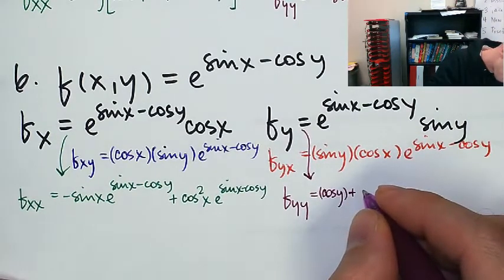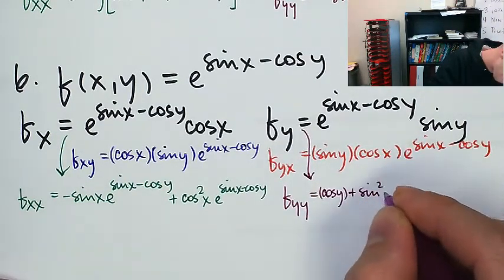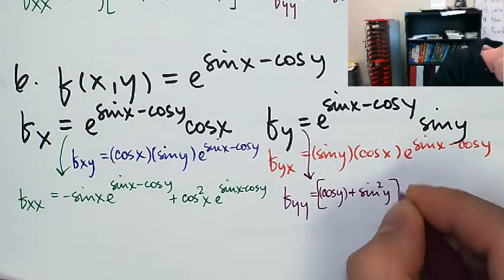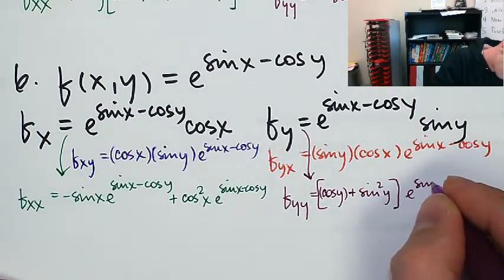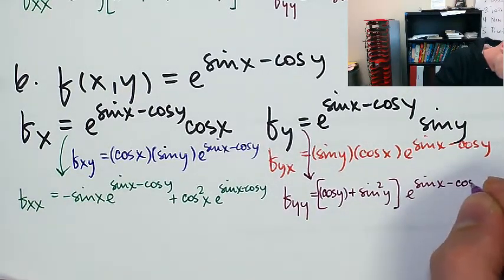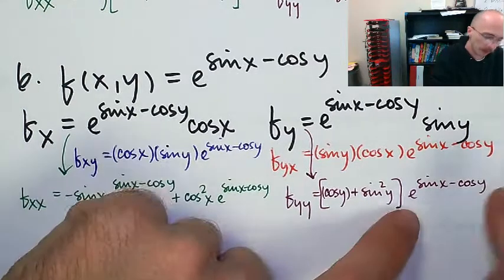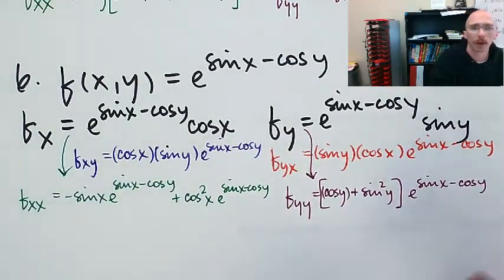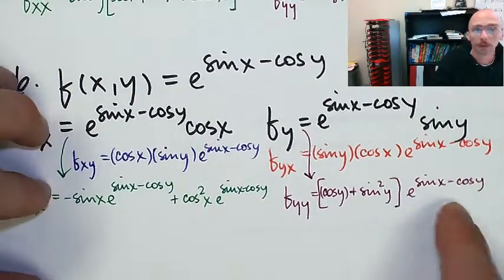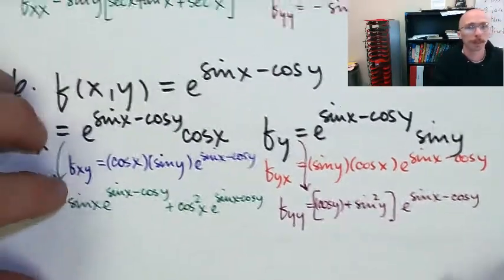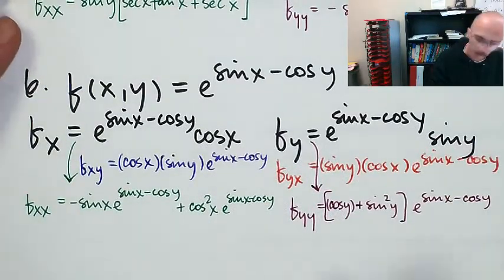So it's all this stuff multiplied by the e to the sine x minus cosine y, because I know that this thing was in both factors when I was doing the product rule, so I was waiting until the end to write it in. Also, because I was running out of room, I don't think I could have written that twice and still had room on the edge of my paper. I don't think it was going to work out.